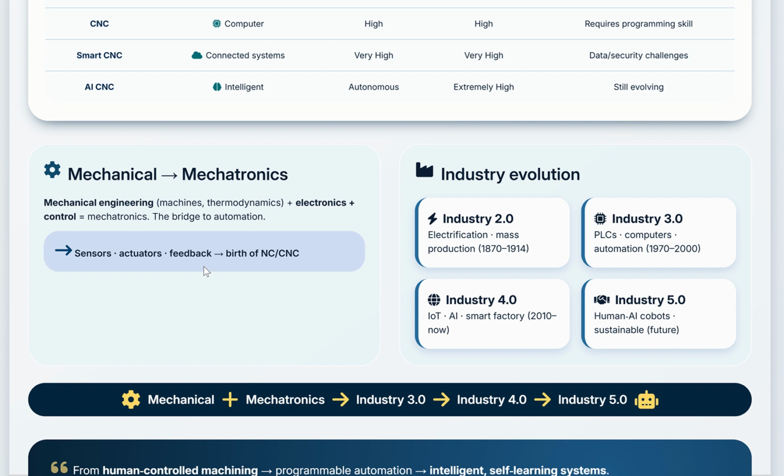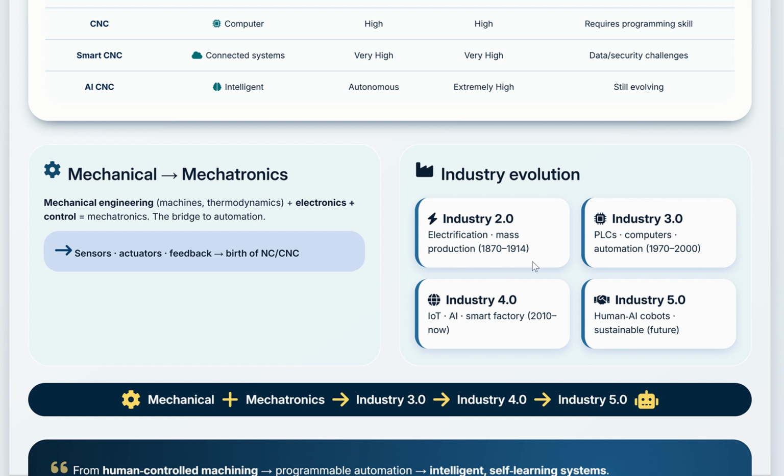Mechanical engineering is industrial 1.0. Then we have industrial 2.0, with electrification and mass production, which evolved between 1870 and 1914.